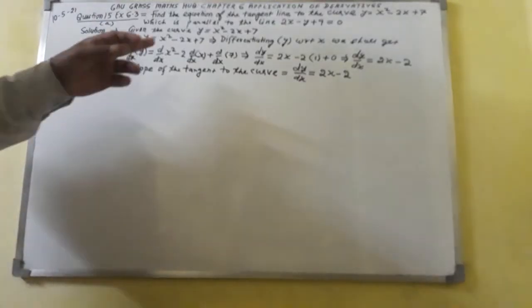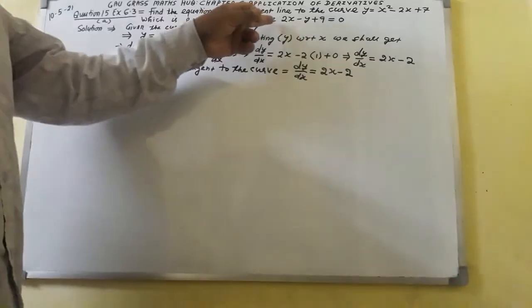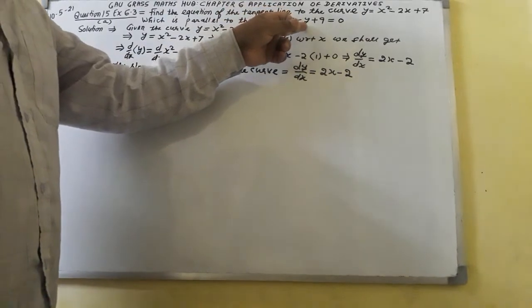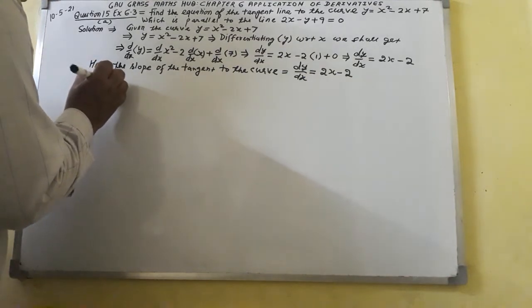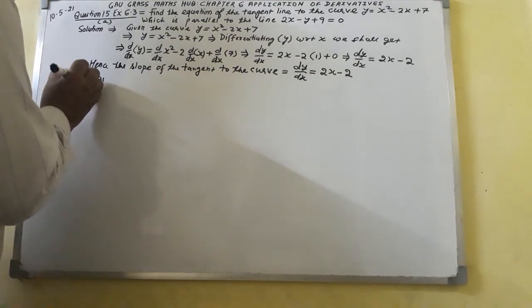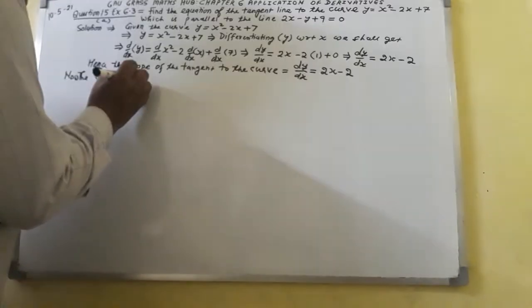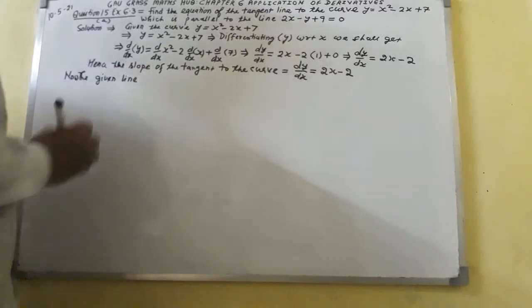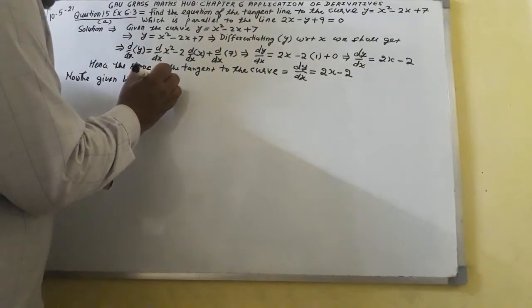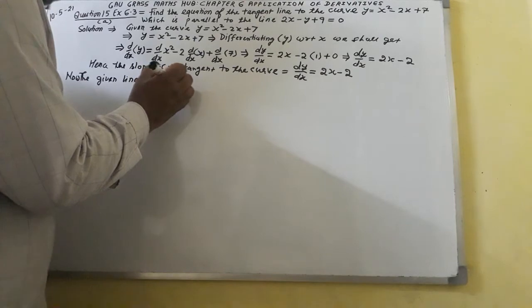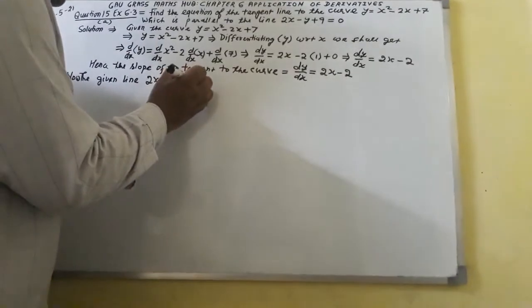Now here you can see the given line 2x minus y plus 9 equal to 0.